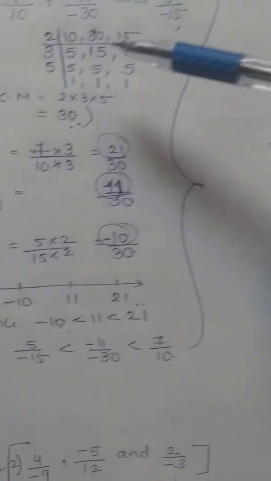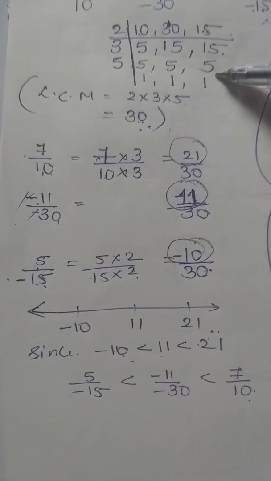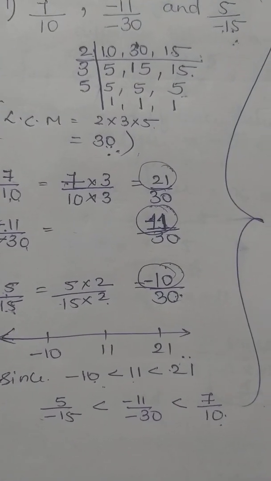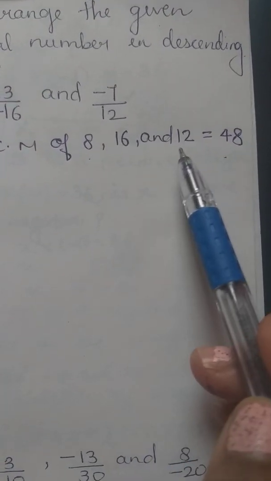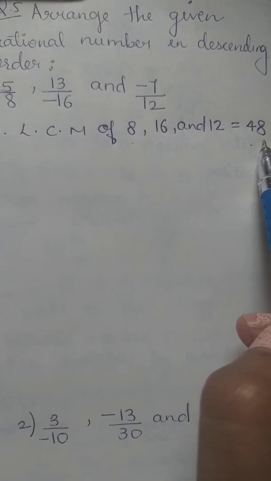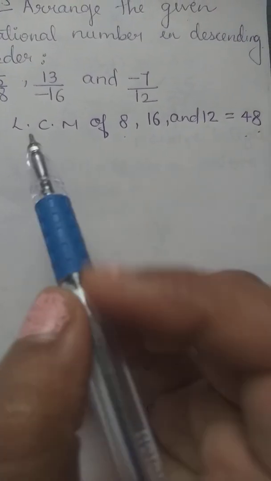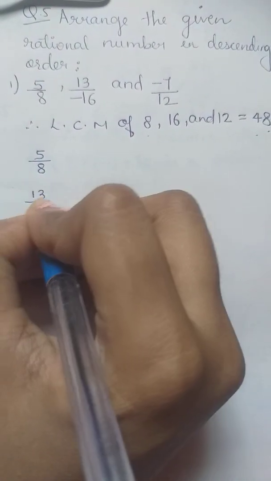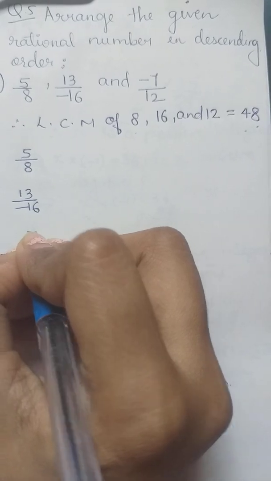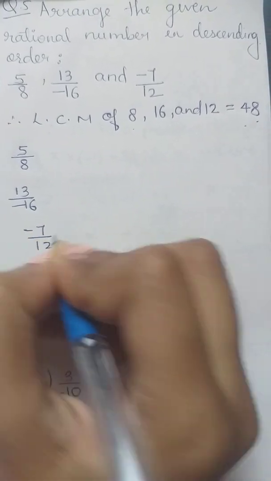See, if you do the LCM this way, we will get the number 48. So the LCM of 8, 16 and 12, you will get 48. So now make the denominators 48. 5 by 8, 13 by minus 16 and minus 7 by 12.